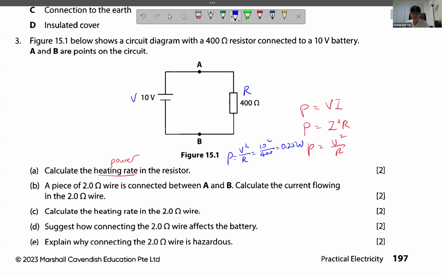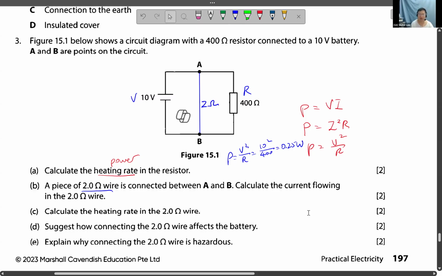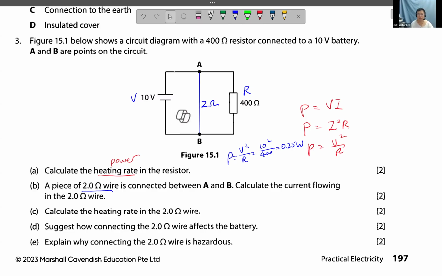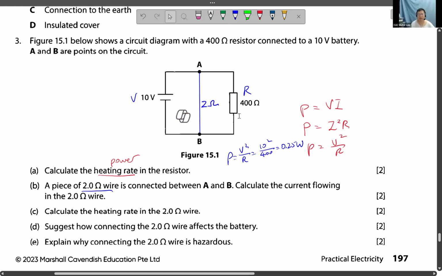Okay, next one. Connected between A and B here is a 2 ohm wire. Calculate the current flowing through this 2 ohm. These are parallel, so you can calculate separately.